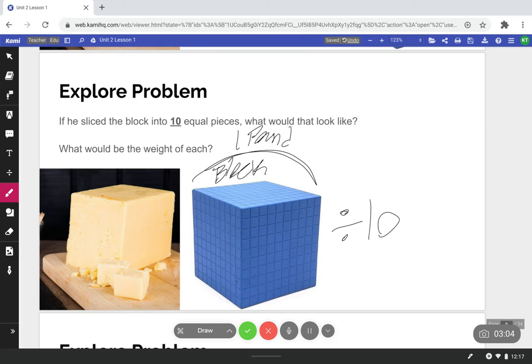Well, let's not make life harder than it has to be. So for each person, each piece, we're going to put each piece over the total number of pieces.